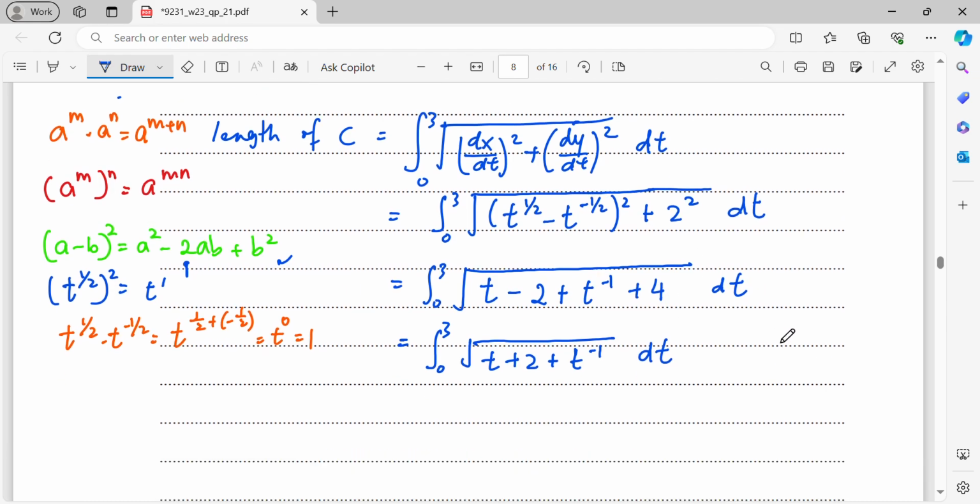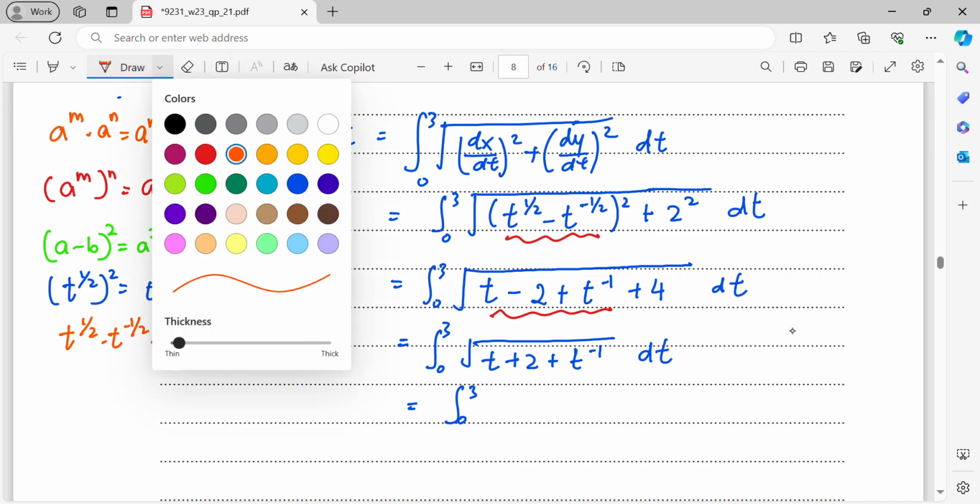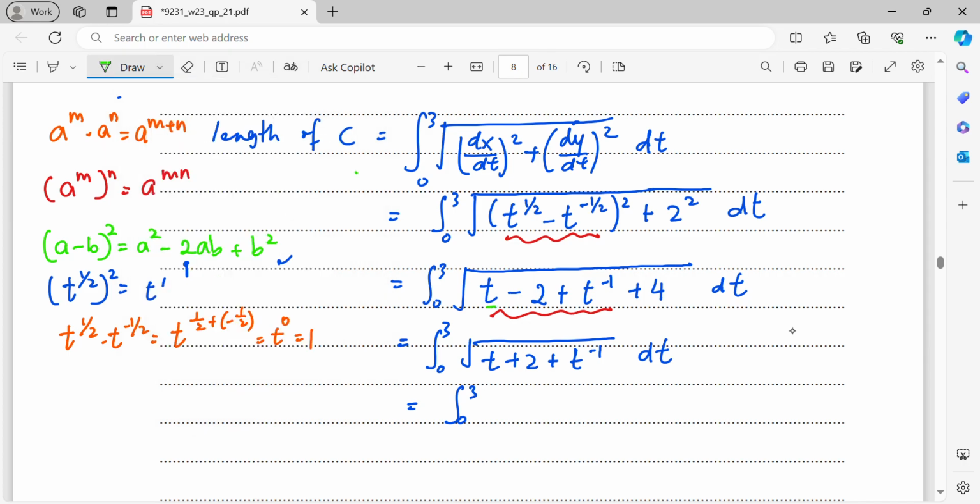Okay, so from here, I will say that this is the same as 0 to 3. Now you check here. Compare these two first with this. The difference is the minus 2 changes to plus 2.